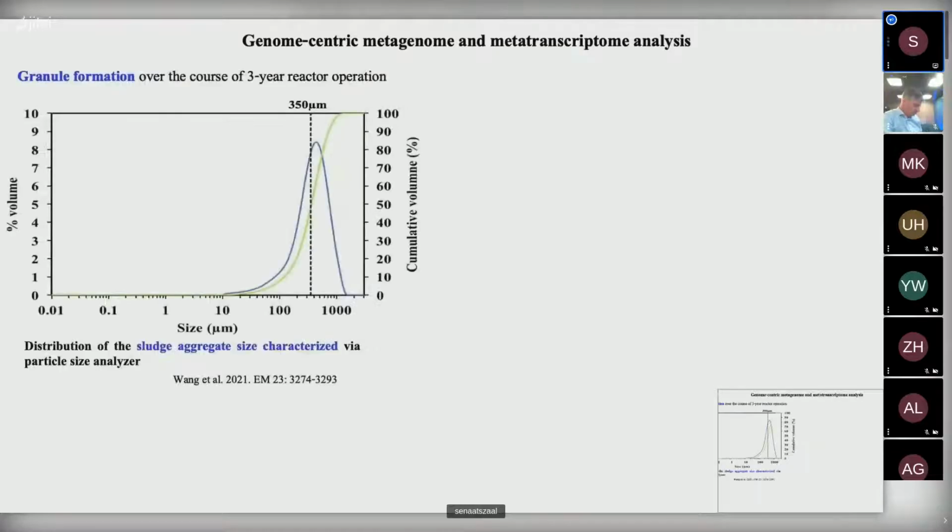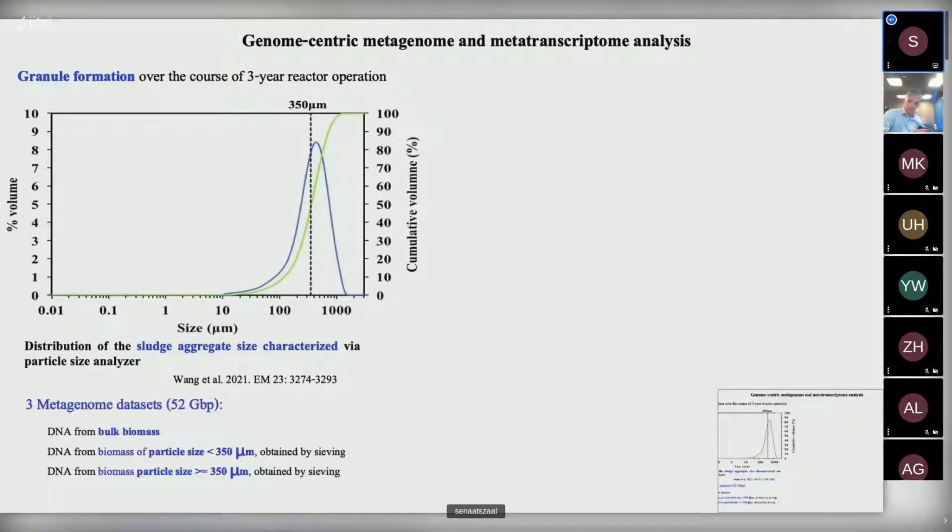As background information, granule formation was observed in the reactor during the long-term operation. The 3 metagenome datasets covered the bulk biomass, the granule biomass, and the suspended biomass.